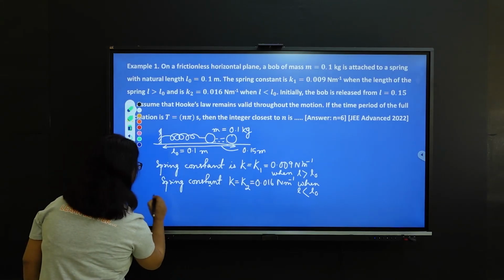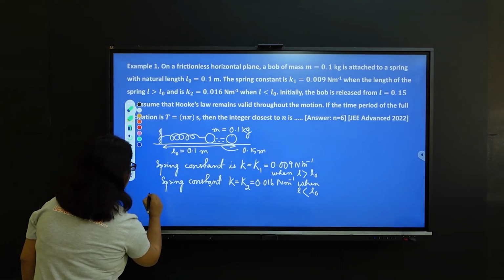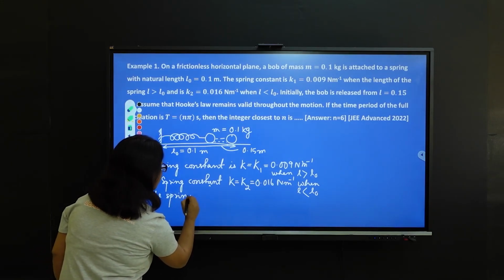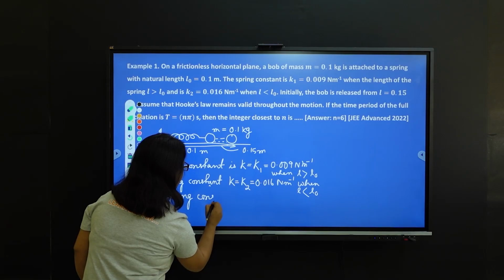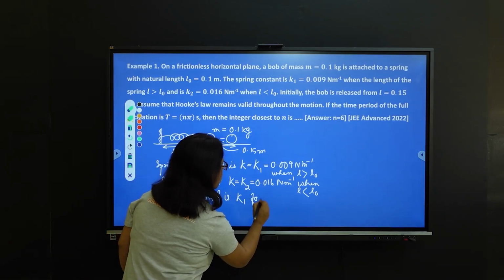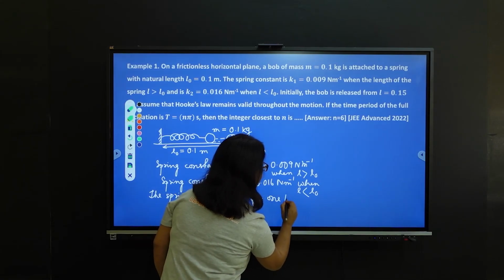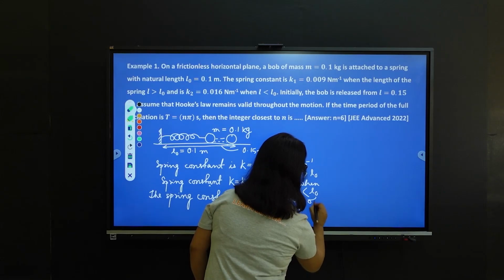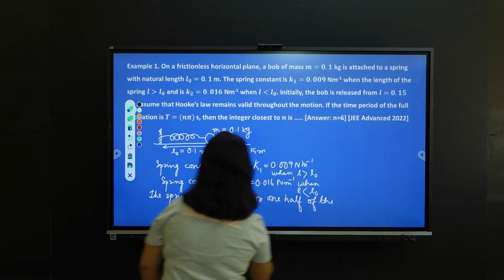That is, the spring constant is K1 for half of the time period.